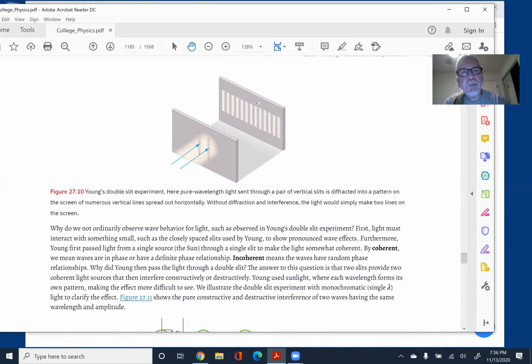That light doesn't just form two bright fringes or two bright zones in the receiving wall, in the screen where the light is being collected, but rather you get a more complicated pattern, a sequence of bright and dark vertical zones that, as we will see, can be explained by having light being a wave.